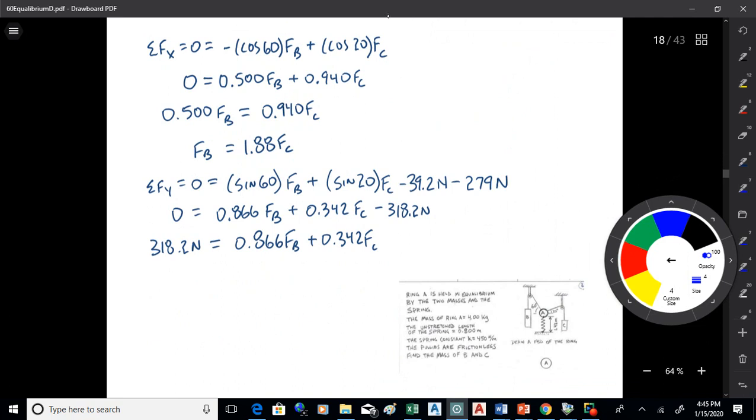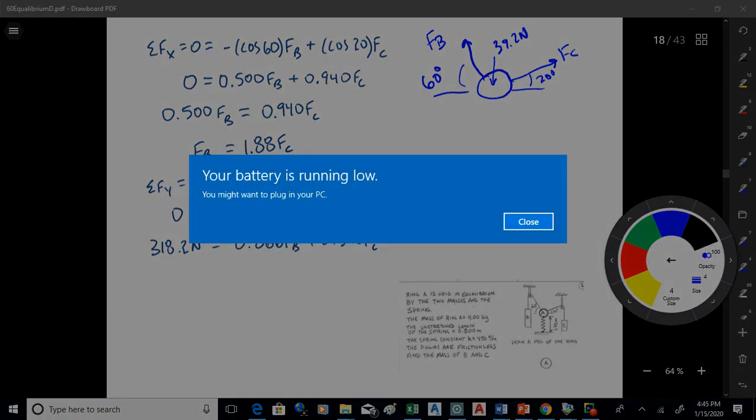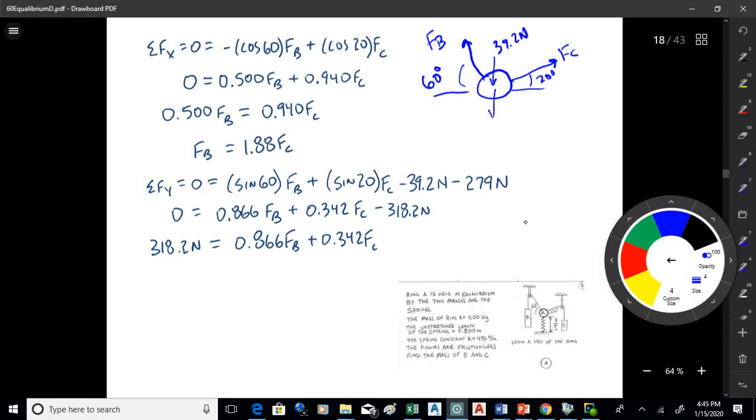What I've got for sum of Fy is the sine of 60 FB, because that one's going up, so sine of 60 FB is positive. Then I've got the sine of 20 for FC, and then I have the weight of the ring down, 39.2 newtons. And I've got the spring force down.